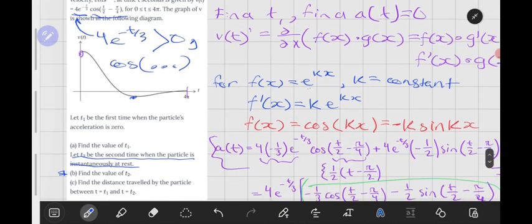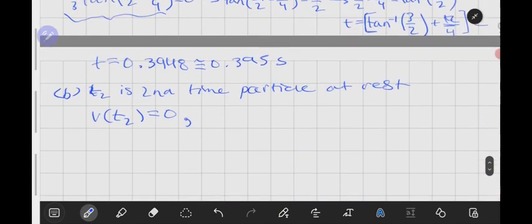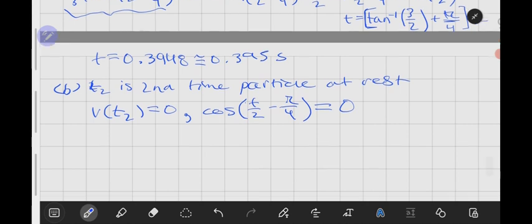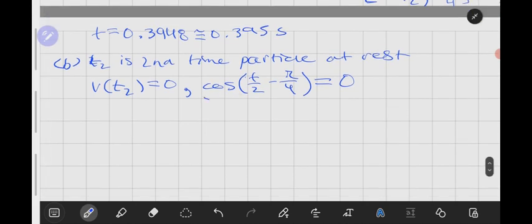So we can write out cos of t over 2 minus pi over 4, and evaluate for when this is equal to 0 to find our roots.